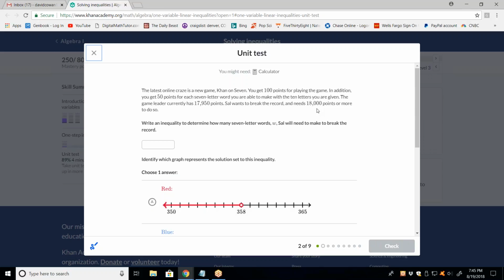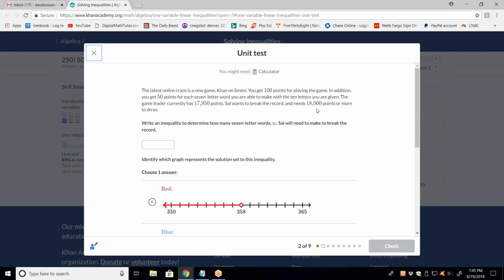Saul needs 18,000 points or more to break the record. All right. What do I say the first step for solving word problems is? The first step is to write out an equation. No, it's to define your variables.